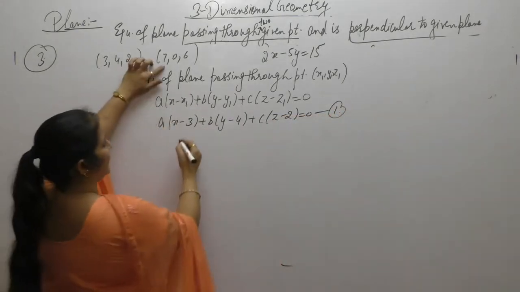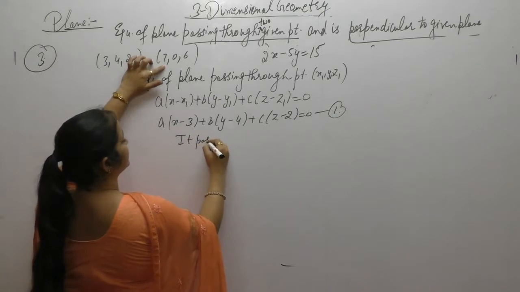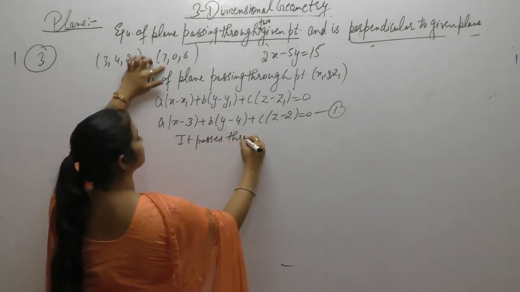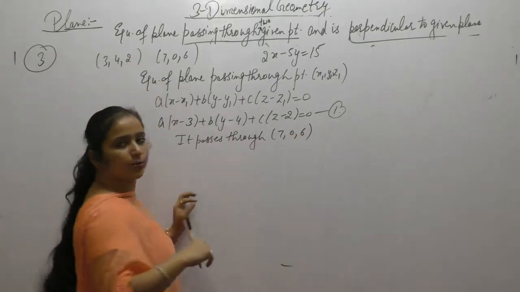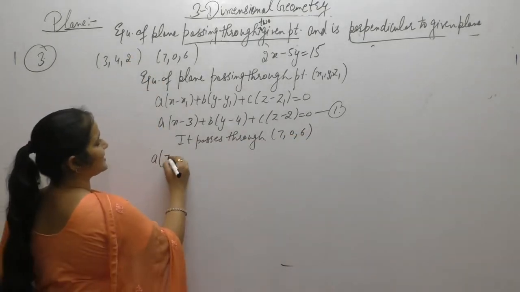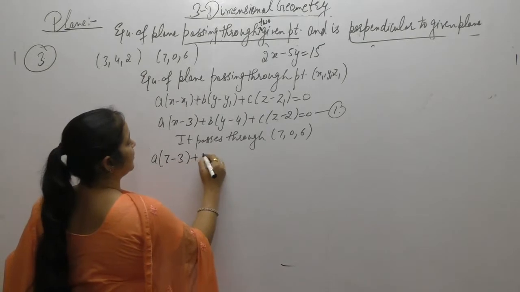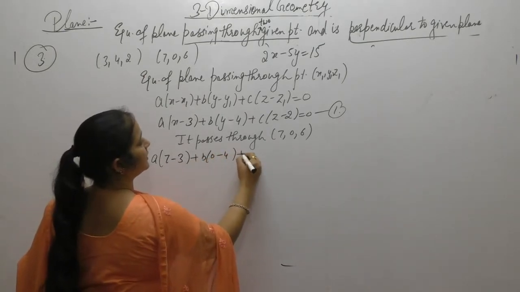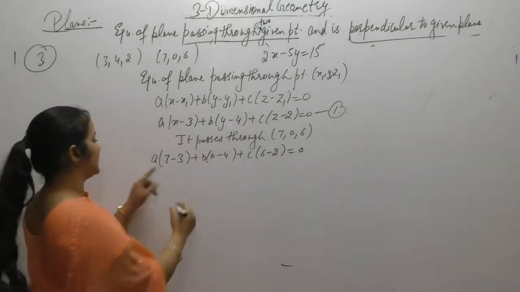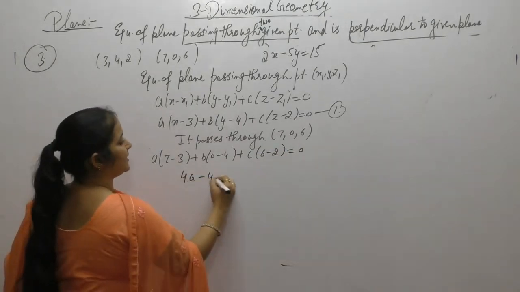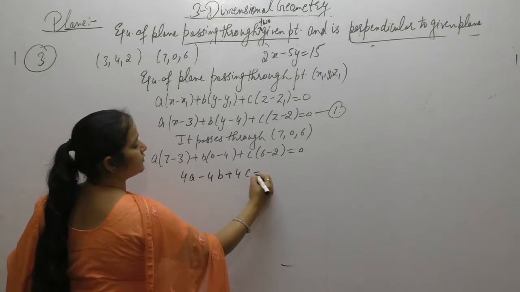Now the required plane passes through 7, 0, 6. So put these values, x is 7, y is 0 and z is 6. So what we get? 7 minus 3, minus 4b, 6 minus 2, 4c.